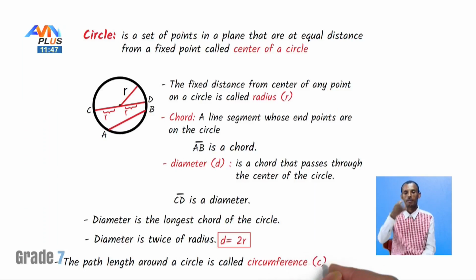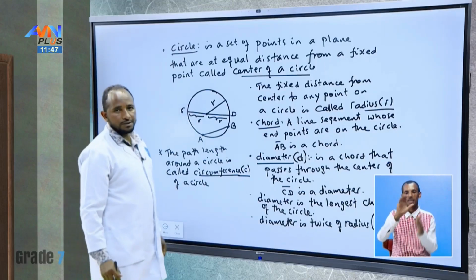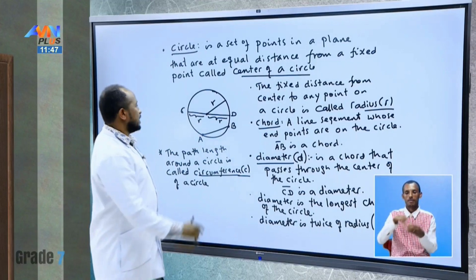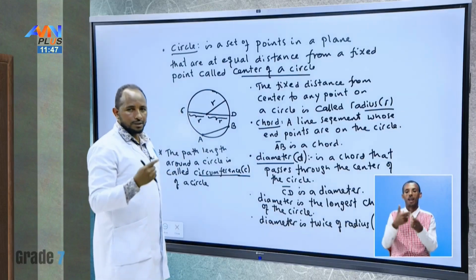We can use letter C to symbolically denote the circumference. So as we said, circumference is the path length around a circle.